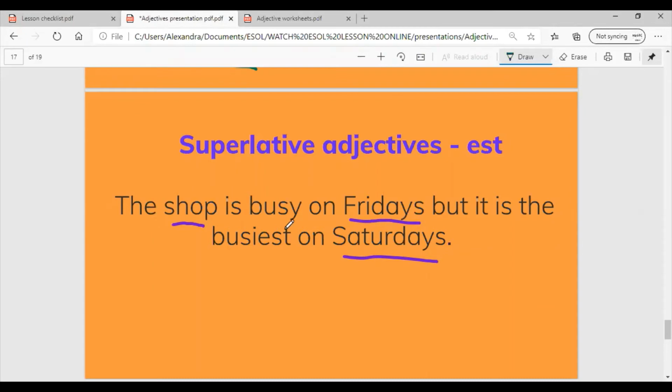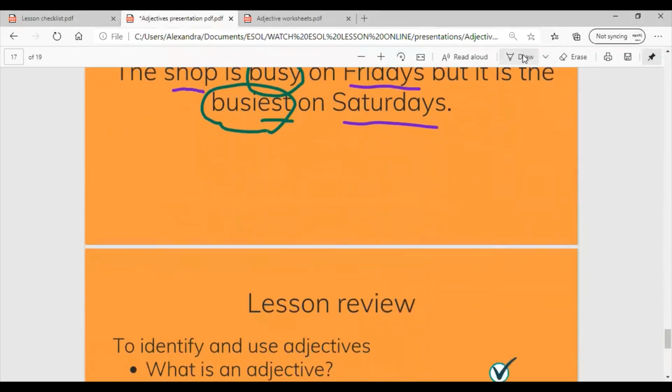The shop is busy, so we have our adjective again, on Fridays, but it is the busiest on Saturdays. Okay, so busy and busiest, you can see the difference. We have this EST ending, which means the most. So the shop is busy on Fridays, but it is the busiest, so the most busy, on Saturdays. So that's how we can tell the difference between these two types of adjectives.